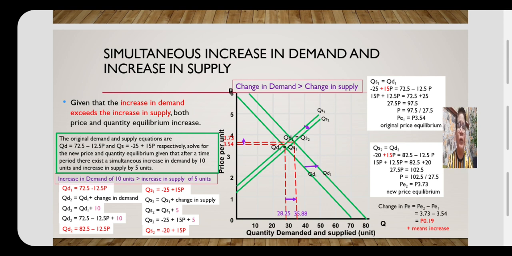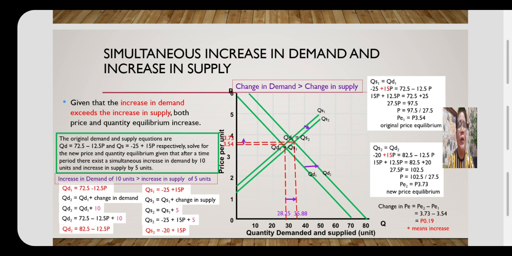Now what about the new supply equation? Just the same way we have derived the new demand equation, we can also derive the new supply equation by adding the change in supply to the original supply equation.